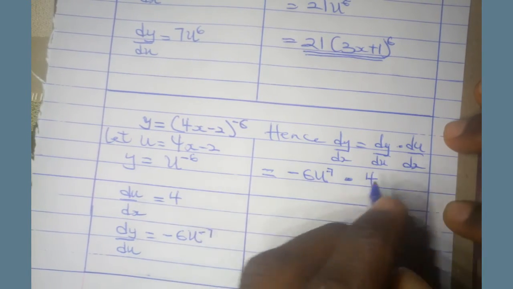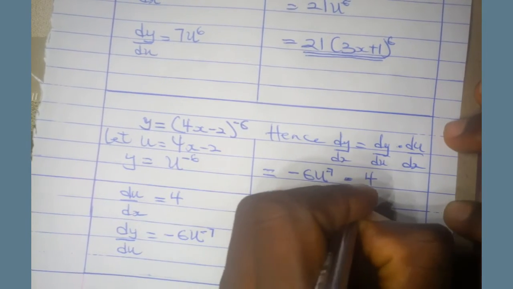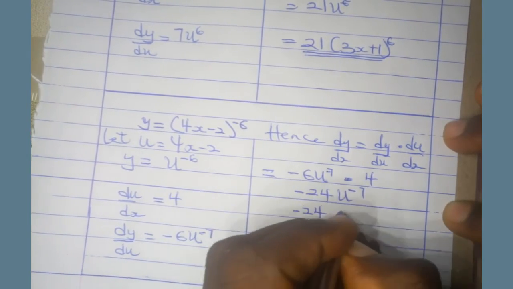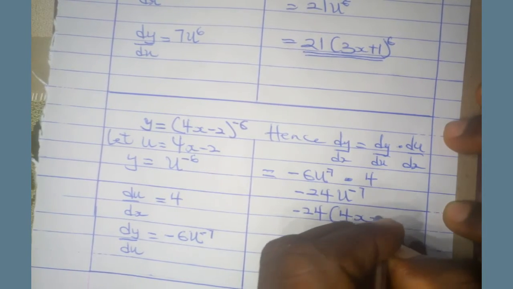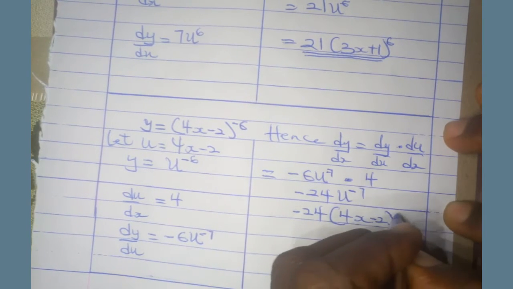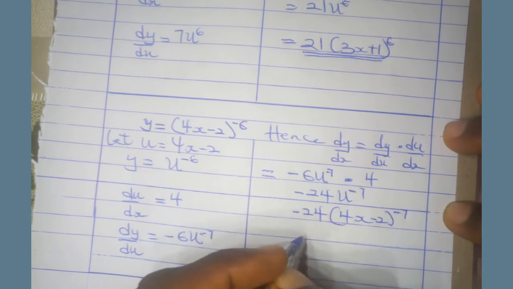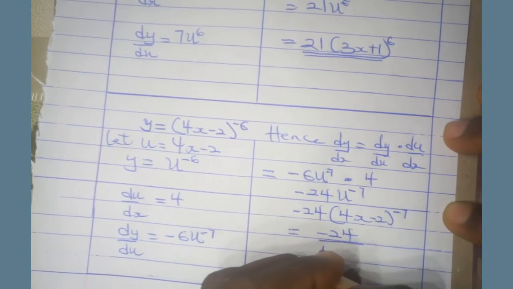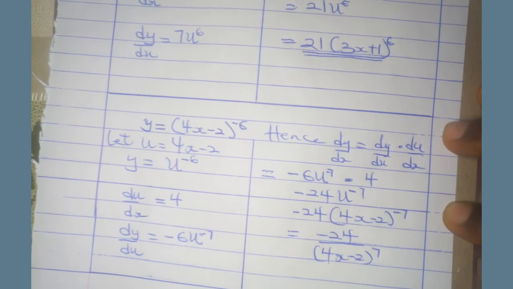Negative 6 times 4 is negative 24u raised to the power negative 7. So I have negative 24, u is equal to 4x minus 2, raised to the power negative 7, and this one can be written as negative 24 all divided by (4x minus 2) raised to the power 7. Good. So this is how we differentiate a function in this form.